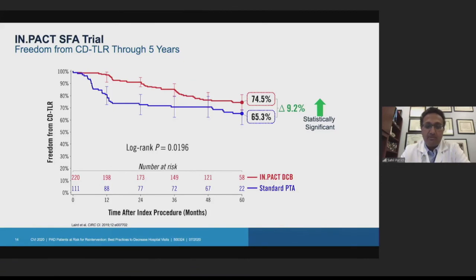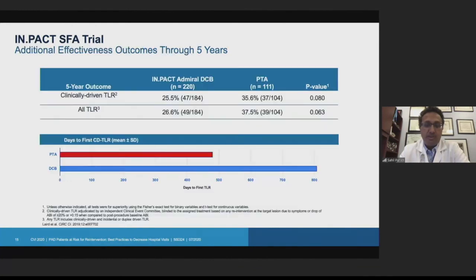Here are the clinically driven TLR data published in Circulation in 2019, demonstrating a freedom from TLR of approximately 75% at 5 years for patients like the patient I described earlier, which is statistically significantly better than plain old balloon angioplasty.